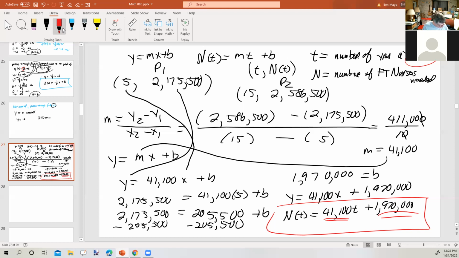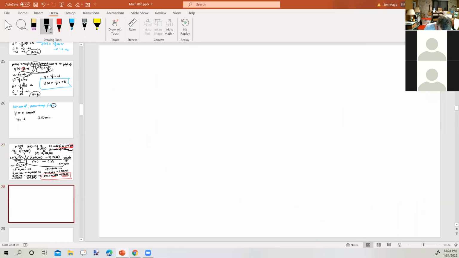Part B says, use your answer to part A to predict the number of full-time nurses that will be needed in 2025 if the trend continues. 2025, T would equal what? Anybody? What would T be for 2025? Just 25. So we want to find N of 25.